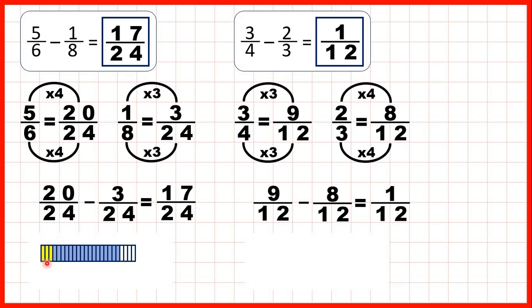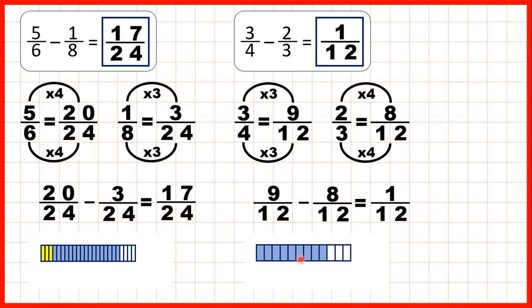So if we subtract 3 of these pieces, we can see if we turn our fraction bar into eighths, that 3 over 24 is the same as 1/8, but that leaves us with 17 of these 24ths, so 17 over 24 as our answer.